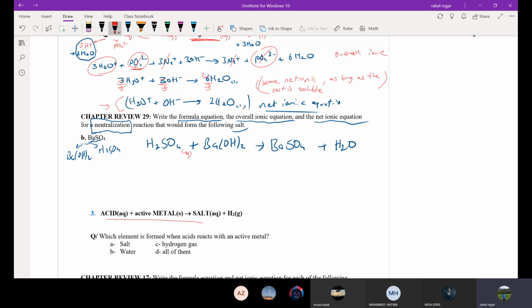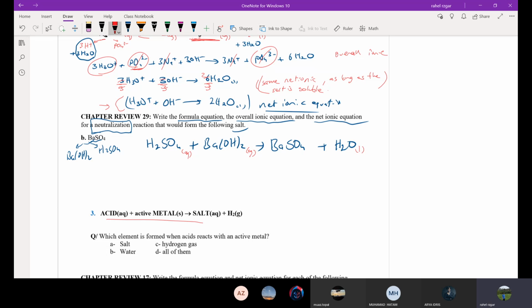Let's look at the solution of this one. When I mix the aqueous solutions, H2O becomes liquid, but what about barium sulfate? If you go back to chapter 2, rule number 4 says sulfates normally are soluble, but with barium, strontium, and calcium, they are insoluble.